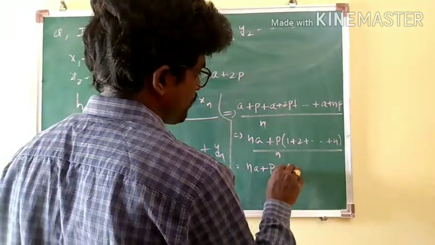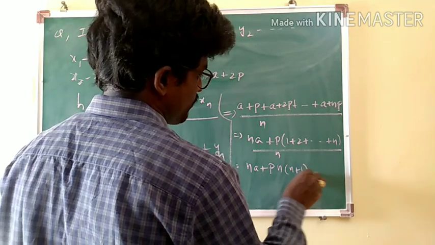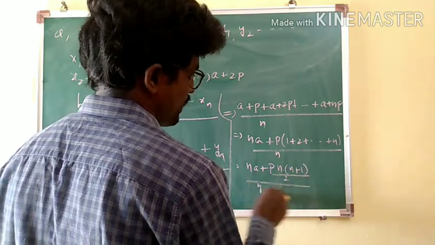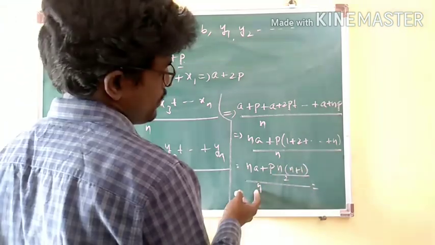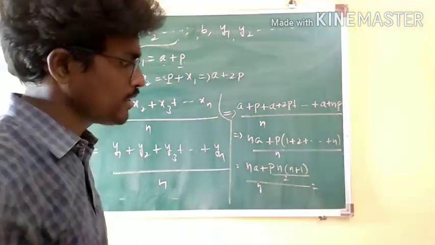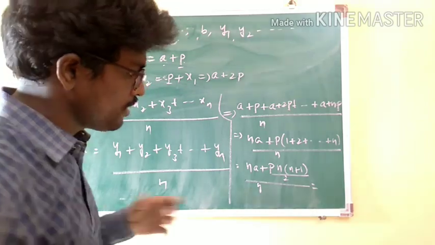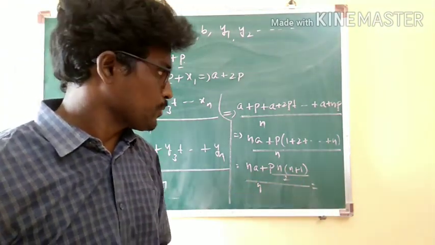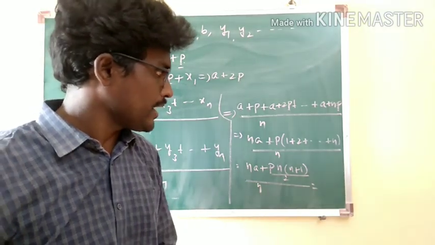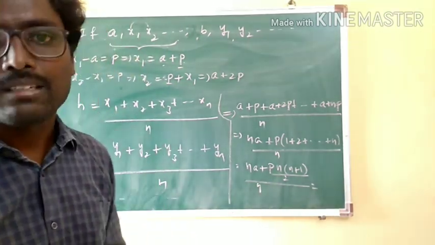So P into n plus 1 by 2, all divided by n. Here, on taking n as a common factor in the denominator and in the numerator, n gets cancelled. So finally, what particular term will we be getting? A plus P into n plus 1 by 2. What you are going to get? A plus P into n plus 1 by 2.